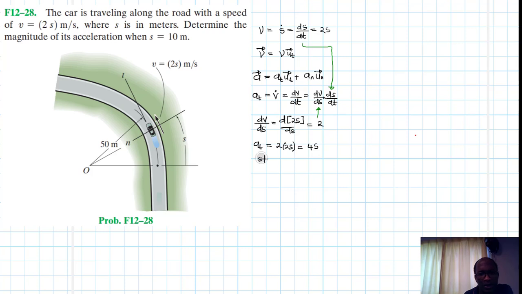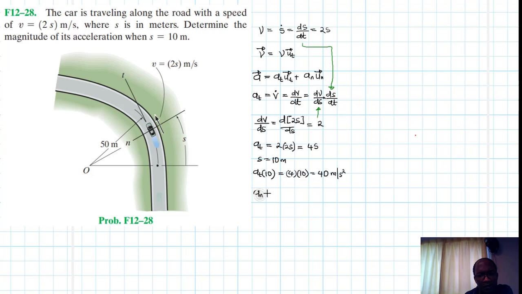And then at s equal to 10 meters, therefore we'll have a_t at 10 meters is just going to be equal to 4 times 10, which is just equal to 40 meters per second squared.